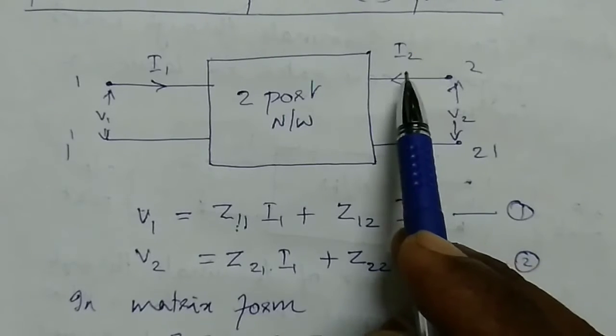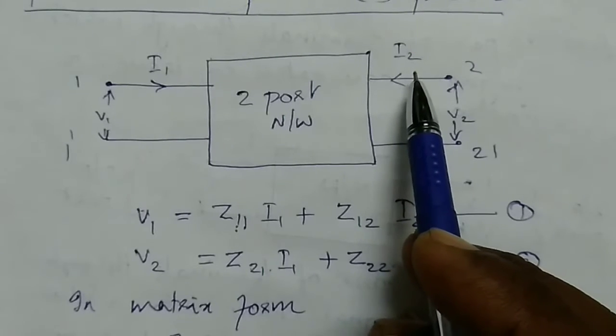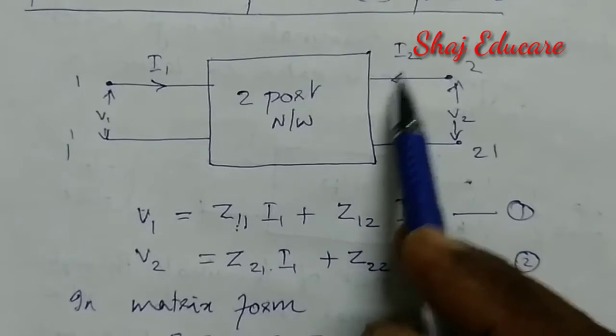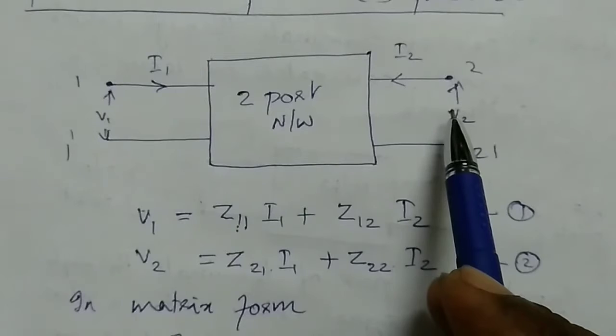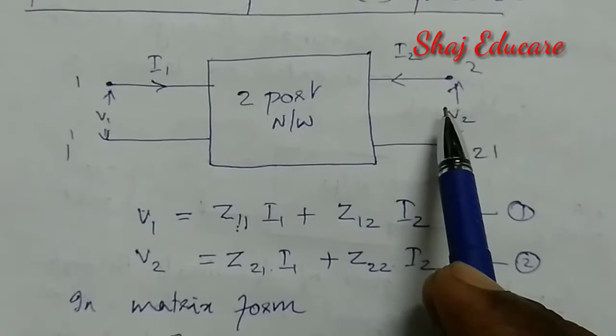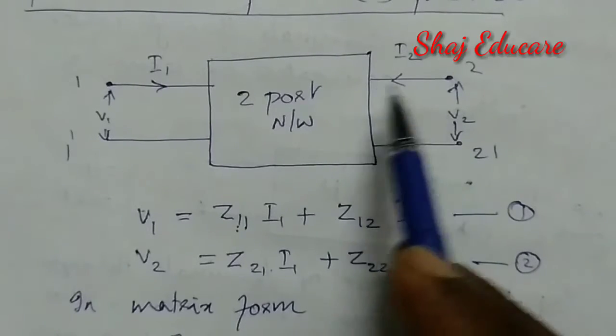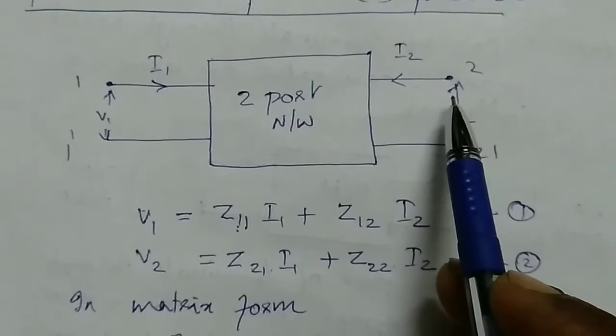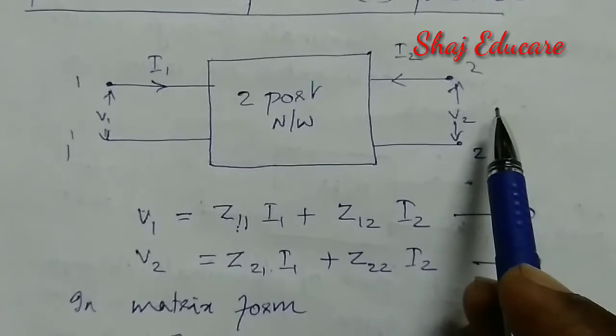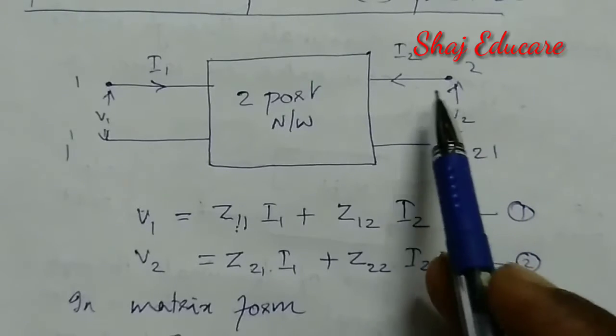How can we do that? We all know that the current is 0 only if it is an open circuit. In a closed circuit, there should be a current flowing through it. But in the case of an open circuit, there won't be any current.